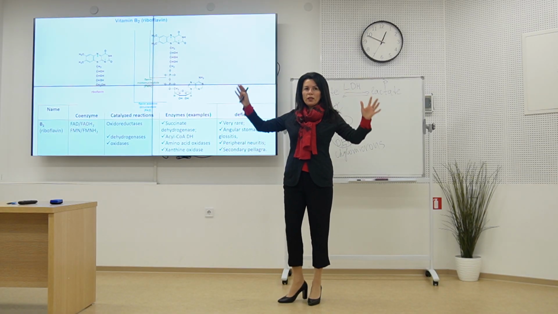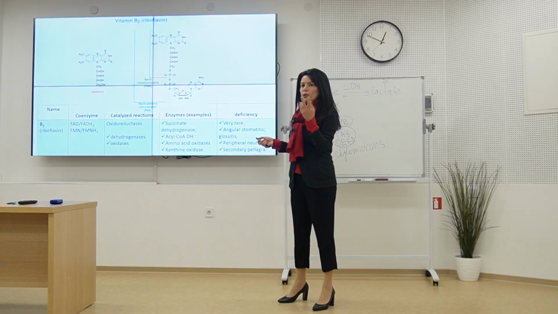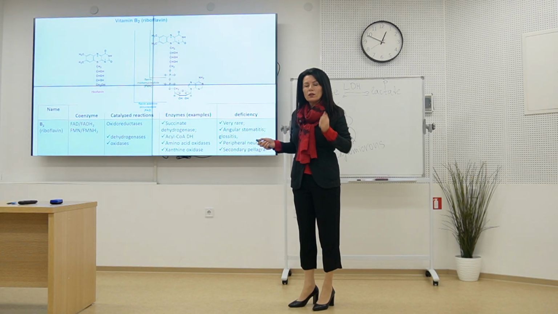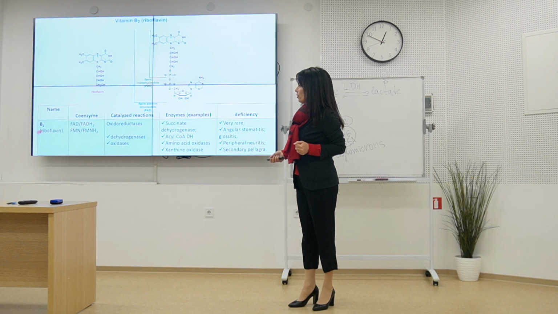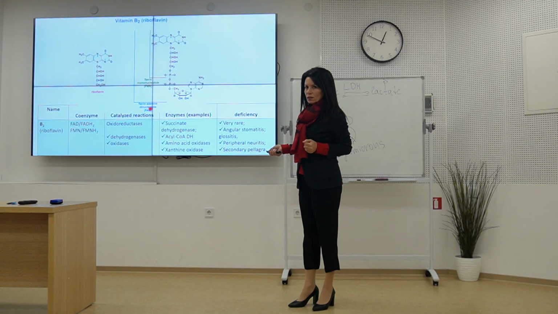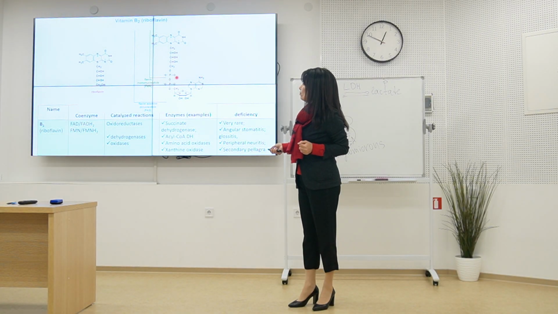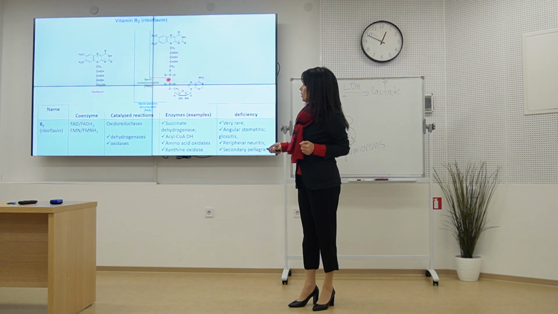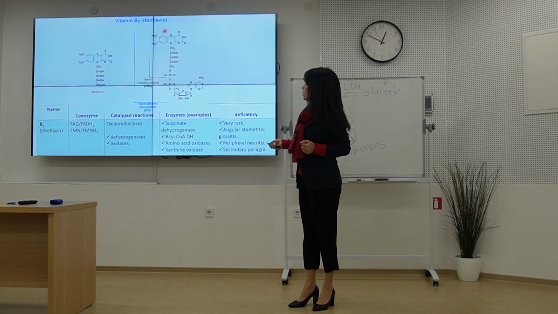After all this combination, two types of cofactors with riboflavin will be formed, and these are FAD, which is flavin adenine dinucleotide, or FMN, with just the phosphate atom.